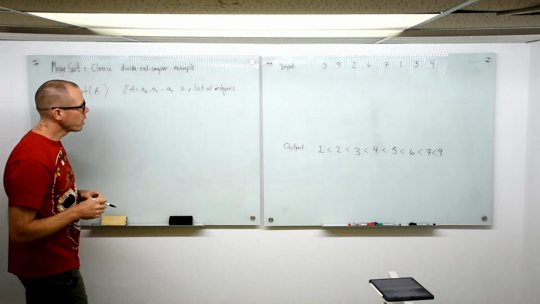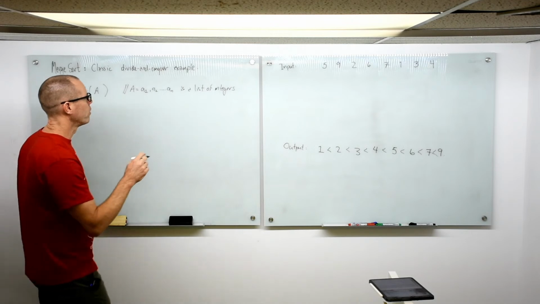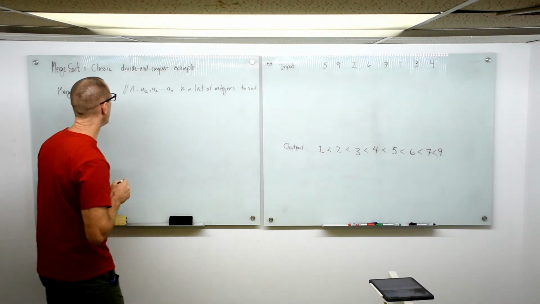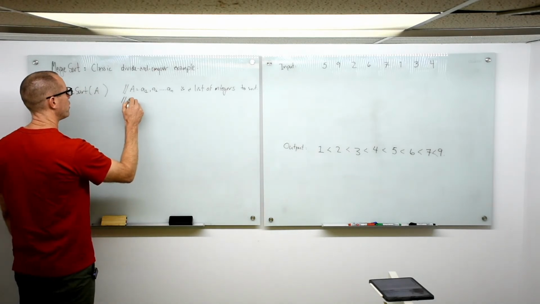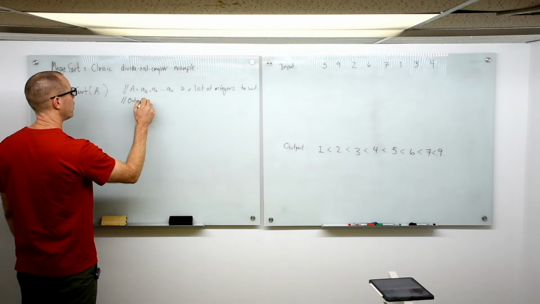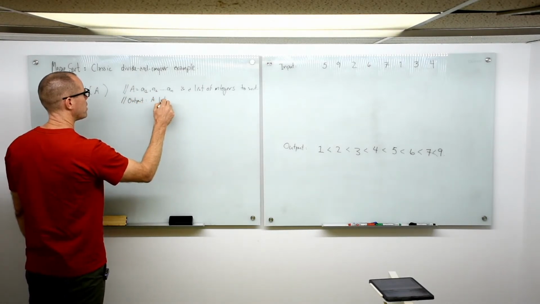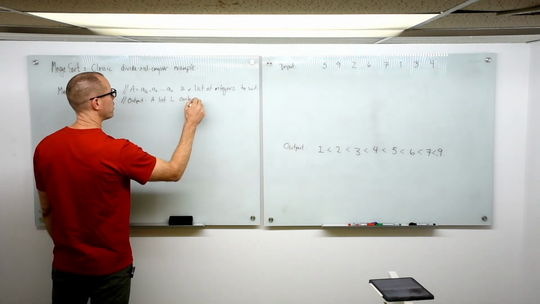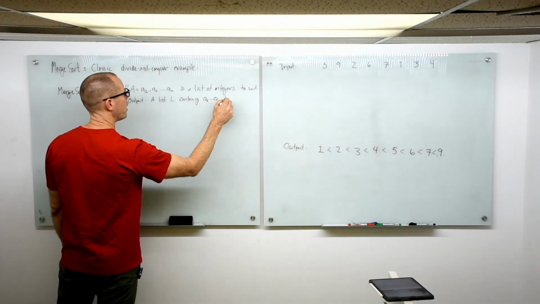Integers, numbers, strings, whatever, anything you can compare, we'll say integers for now. So that's the input, and then the output should be a list L containing A1 through AN, but in sorted order.